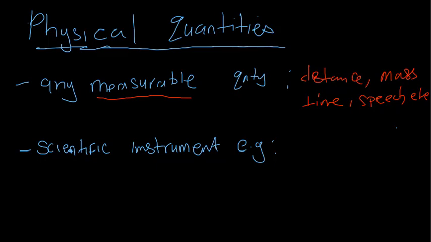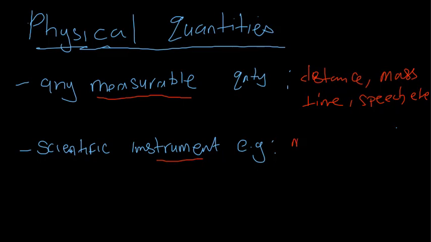Now, in order to measure these physical quantities, a special scientific instrument is used. This instrument is specific to the physical quantity. Each physical quantity has its own instrument that is used to measure it.